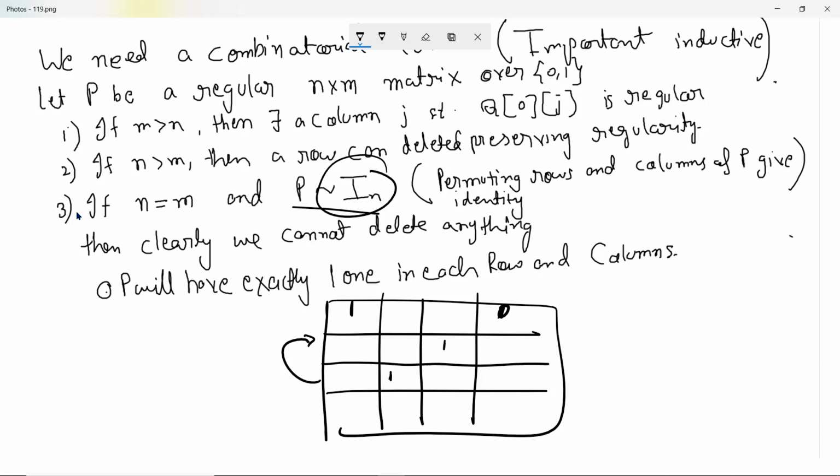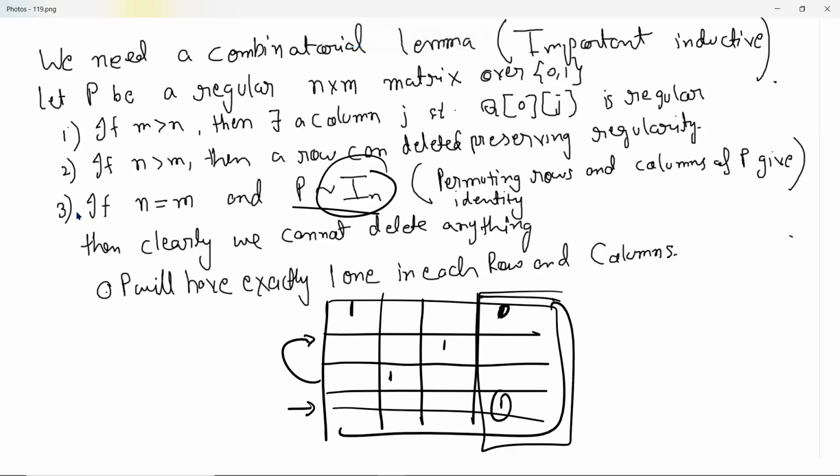If you remove a row, then you have removed a 1 which was the only one in this column. So if you remove this row, then this column will not have a 1. All of it hinges on the fact that every row and every column has only one 1, and in that case, you cannot remove. So this is a situation in which we cannot reduce.